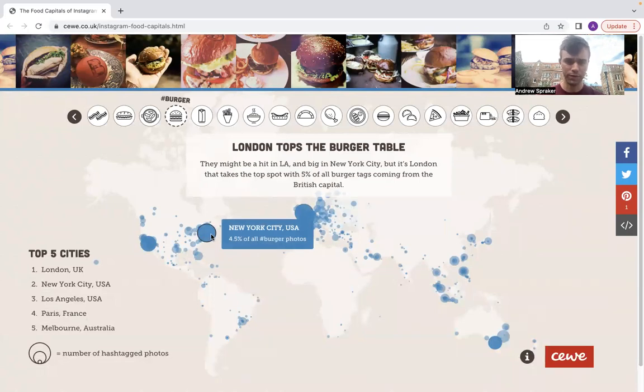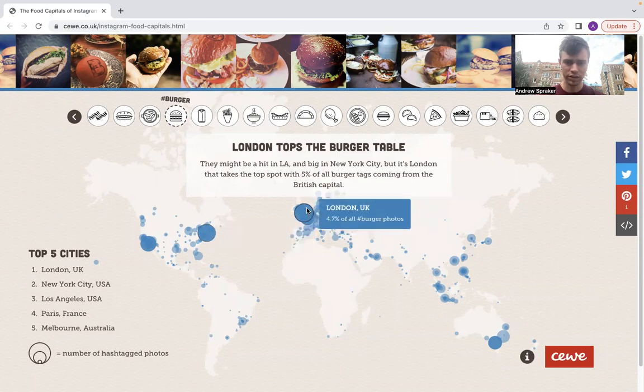But it is what it is, right? Because these are the largest percentages. But I think we can get an idea that it's more than 4.5% by looking at the size, or 4.7 here and 4.5 here, by looking at the size of these circles. So that's a problem with this map. But let's just keep on going through.